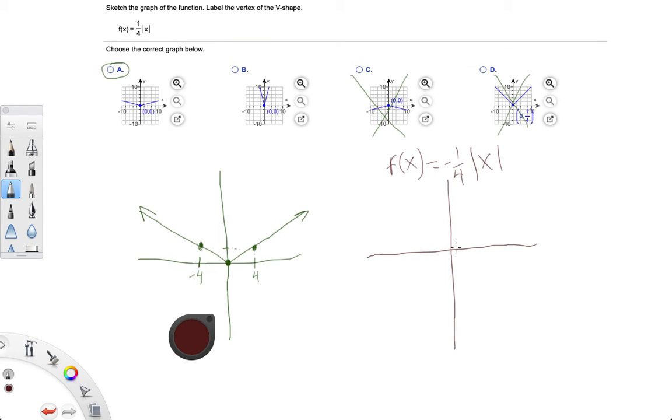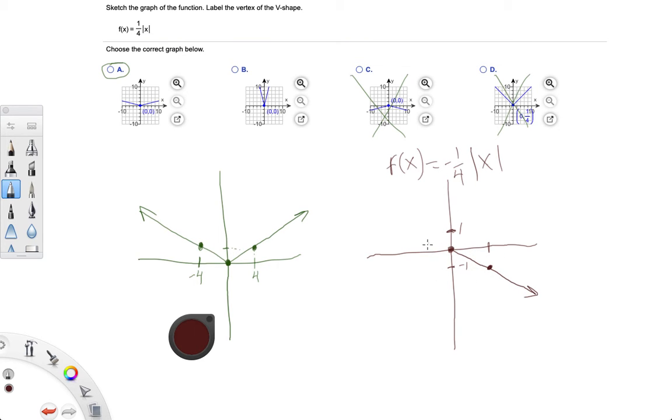We have (0, 0); if it's 0, it's still 0. Here's negative 1, here's positive 1. Let's do positive 4. Positive 4 times negative 1/4 is negative 1, so it's going to be right here, and our graph's going like this.